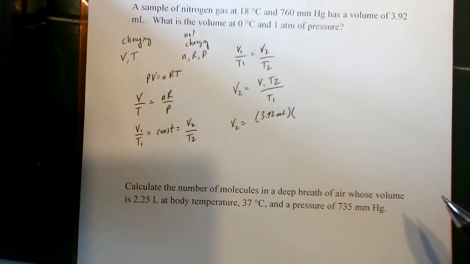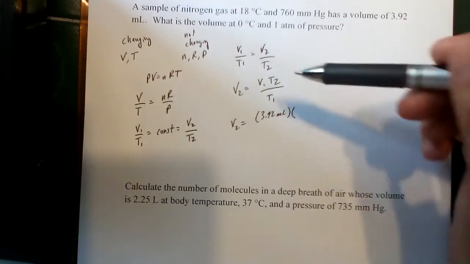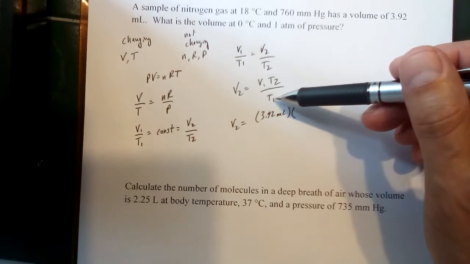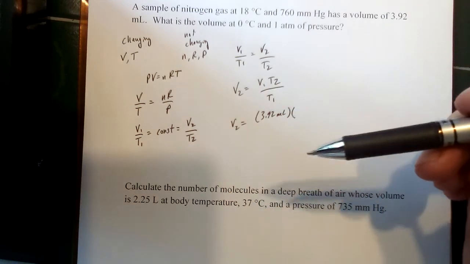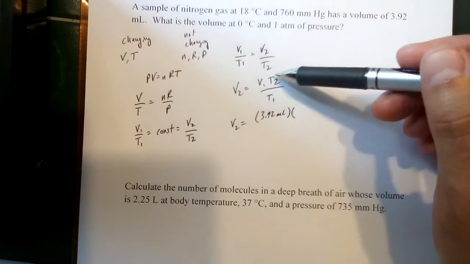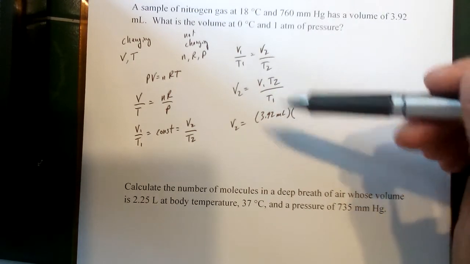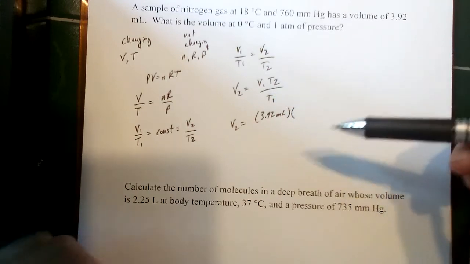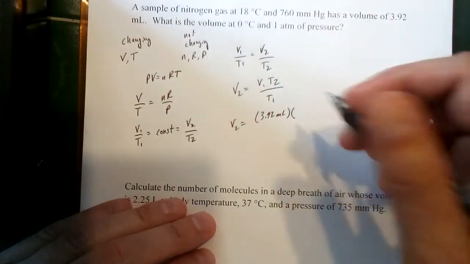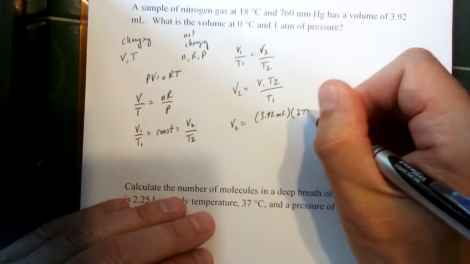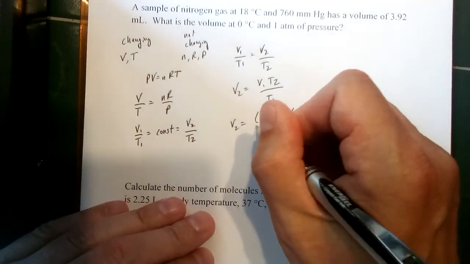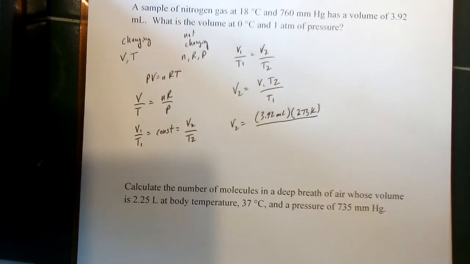Temperature, though, remember, it's got to be Kelvin. So even though we have T2 on top, T1 on the bottom, we don't get the same relationship with Celsius. So even though it would look like the Celsius would cancel out here and just leave us with milliliters, it will not give us the same answer. These have to be Kelvin temperatures. So T2, 0 degrees Celsius, would be 273 Kelvin. Again, we're just adding 273 to the Celsius temperature.